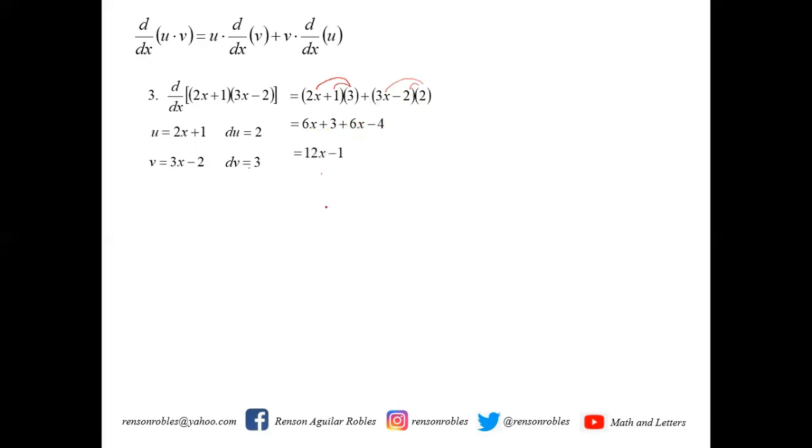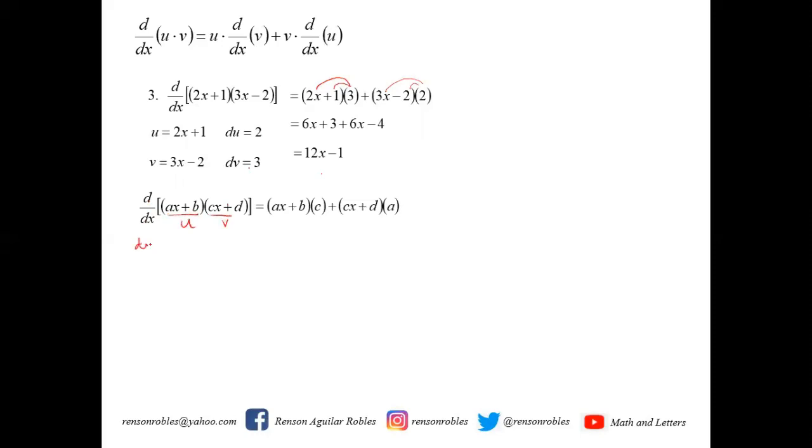Okay, now, from this given example, we shall generate a special formula when you are differentiating a function of the form ax plus b times cx plus d. So we will generate a special formula for this special type of function. And we shall take note that, again, this is our u and this is our v.